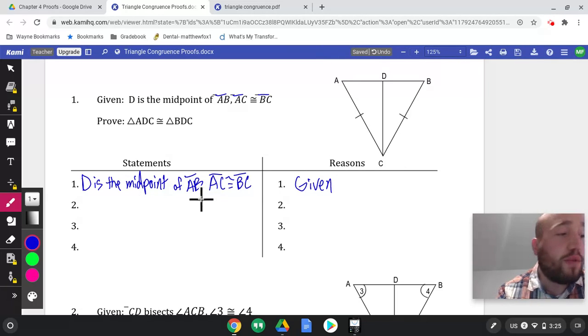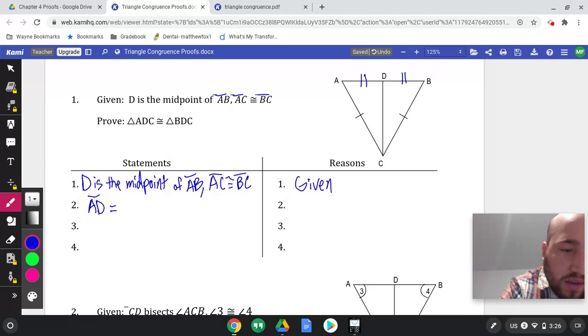Now, if D is the midpoint of AB, that tells us that these two sides, AD, would be the same as DB, or BD, depending on how you want to say it. So AD, segment AD, we know is congruent to BD. And the reason we know this is because of the definition of a midpoint.